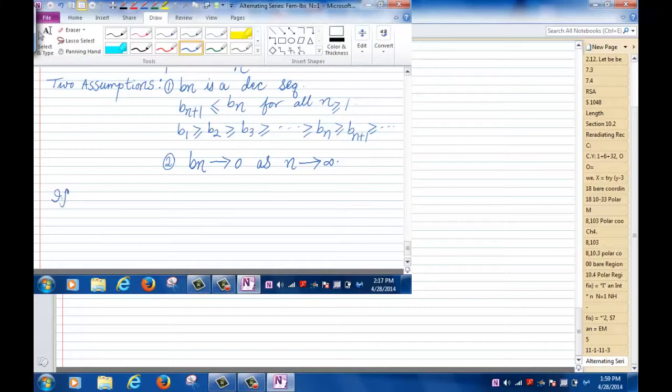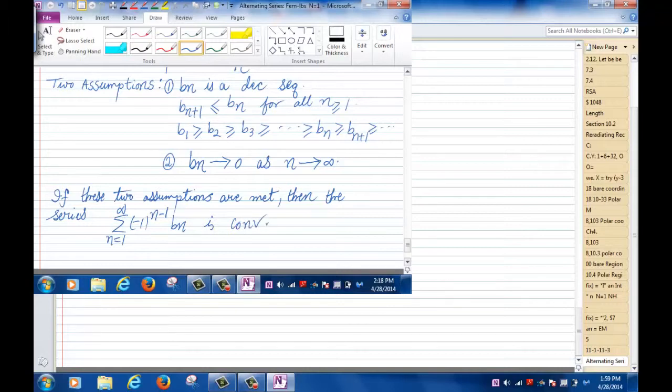If these two assumptions are met, then the series, which is the sum of (-1)^(n-1) times Bn, n going from 1 to infinity, is convergent. Okay? If these two conditions are met, then the alternating series is convergent.